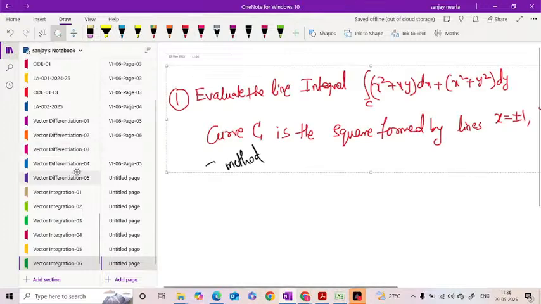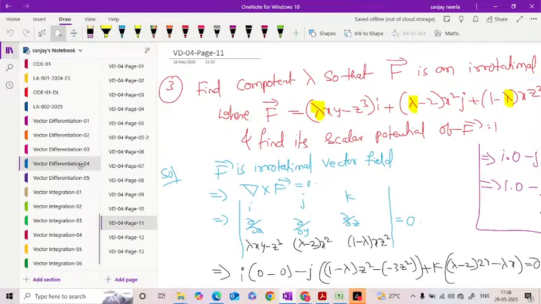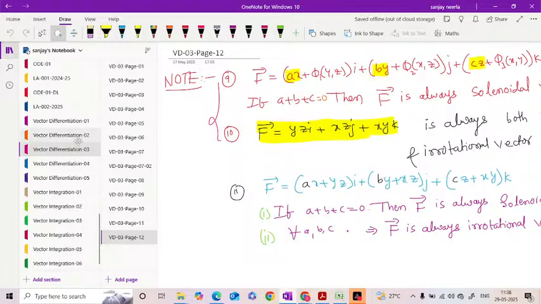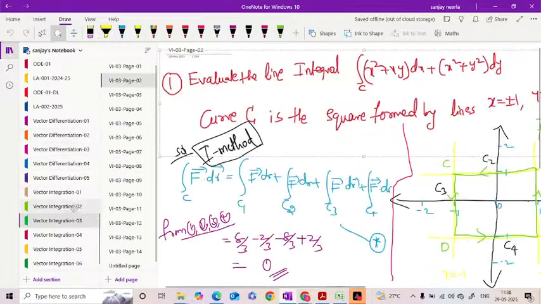It is the first problem. Vector integration.